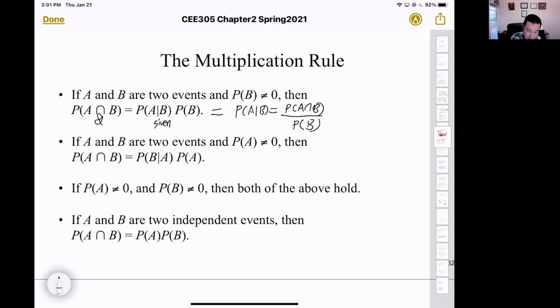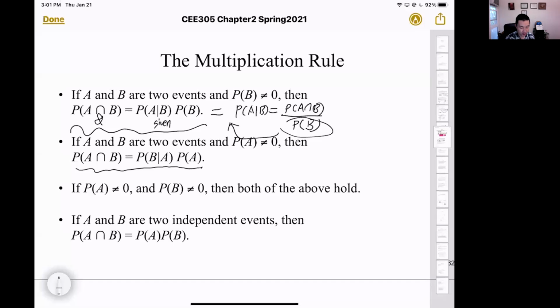So you move this part to the left side and you get this equation. And the same thing for this equation: P(A and B) is equal to P(B given A) times P(A). And if P(A) and P(B) are not equal to 0, then both of the two equations will be true.